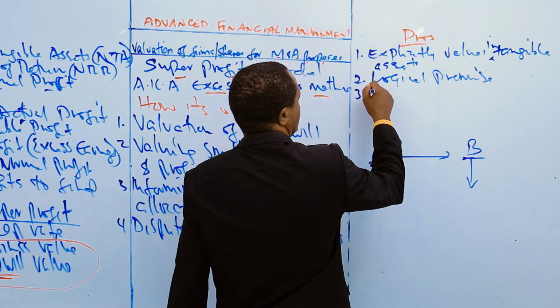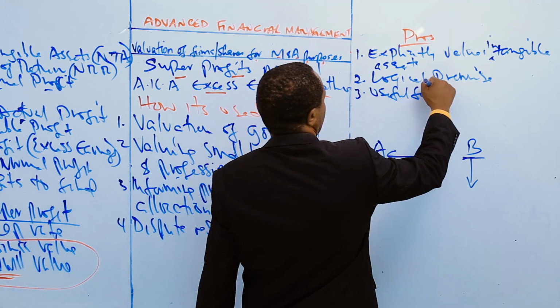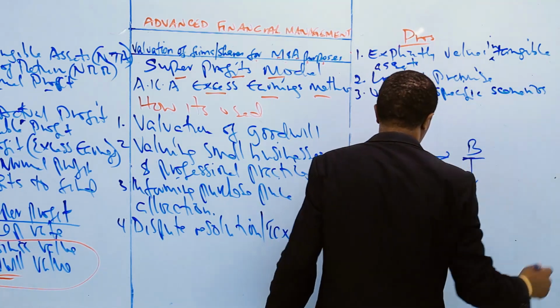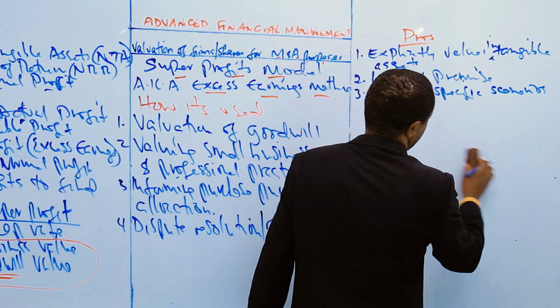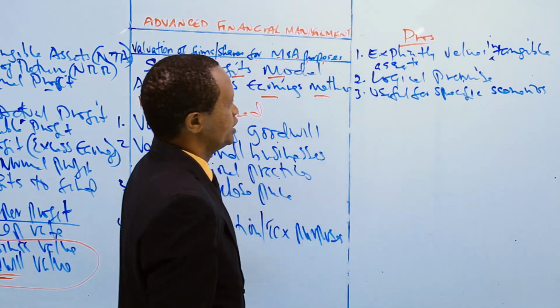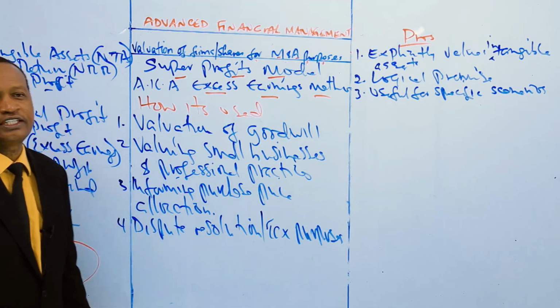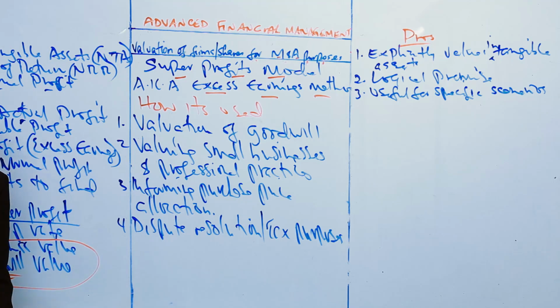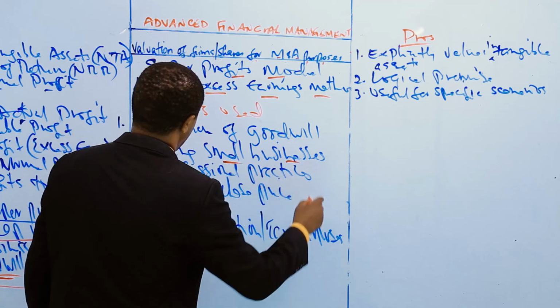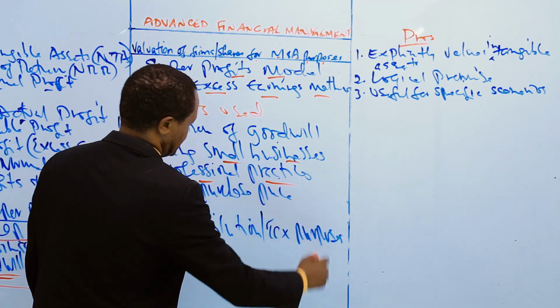Three, it's useful for specific scenarios. What does that mean? It's particularly helpful for valuing small businesses. You recall this is what we noted here: small businesses and professional practices.